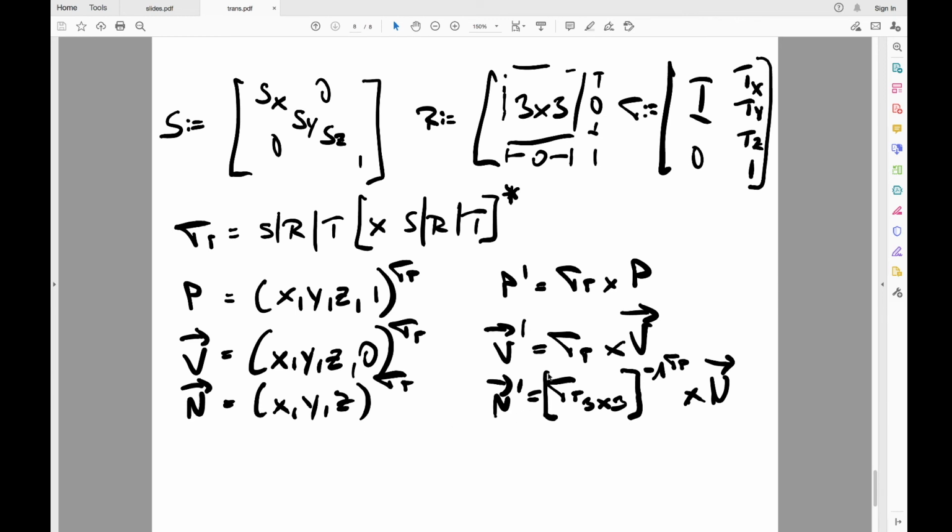Given the original transform, we take the upper left 3x3 matrix, and then take the inverse transform of that matrix. If we perform a matrix-vector multiplication with that, it gives us our transformed normal. I will not provide a formal derivation of this here, but this is the way that people transform normals in computer graphics.